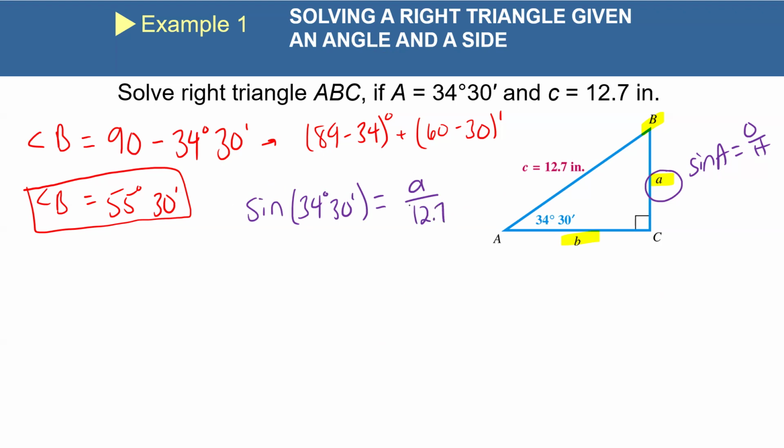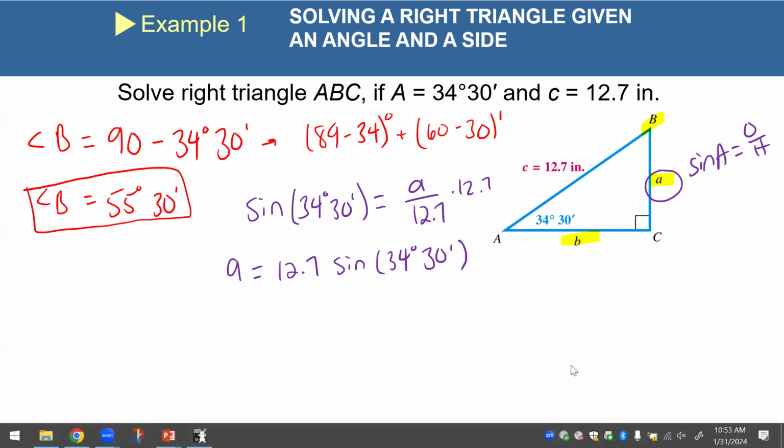What would I need to do to get A by itself? Multiply by 12.7, good job. So to find A in the calculator, I'm typing A equals 12.7 times the sine of 34 degrees and 30 minutes, which we will convert in the calculator. Is that cool? All right, to the calculator.